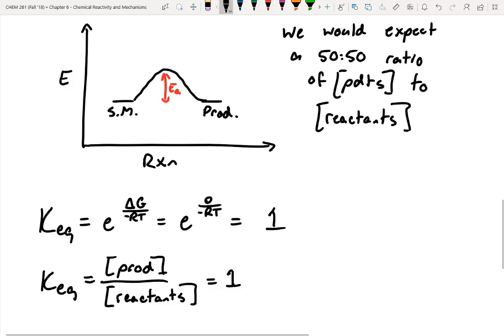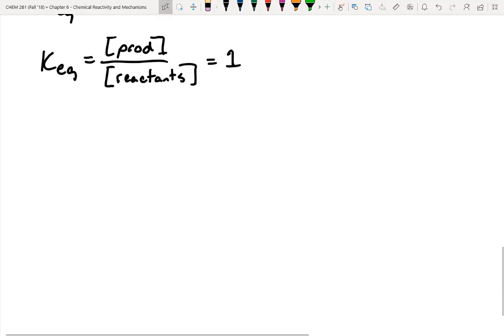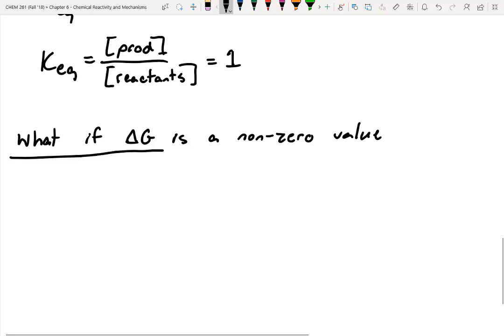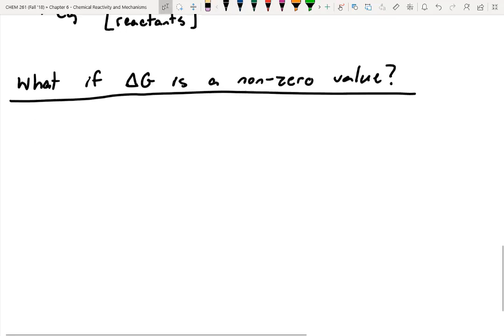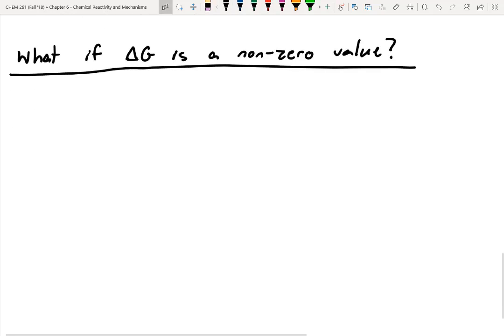All right, it gets a lot trickier though, where we have situations where delta G is a non-zero value. So let's take a look at what happens. Okay, so let's again start out with some hypothetical situation.